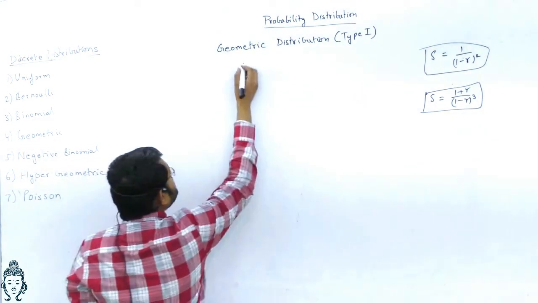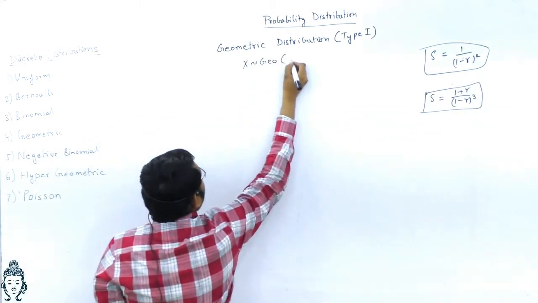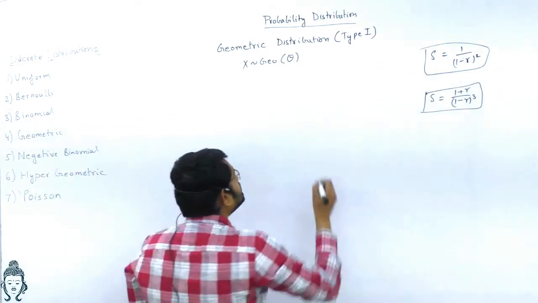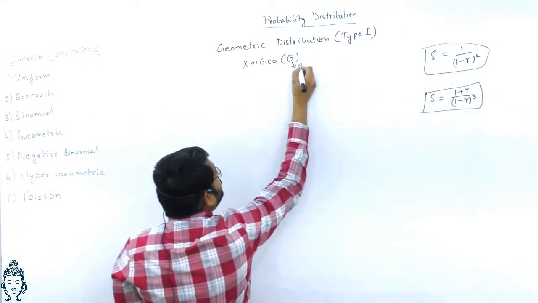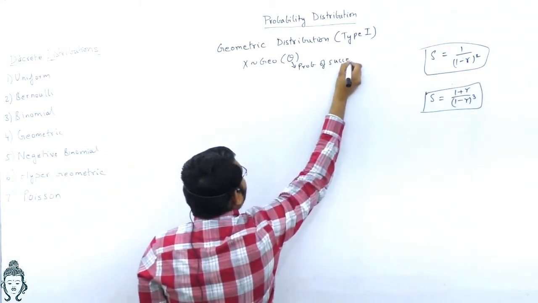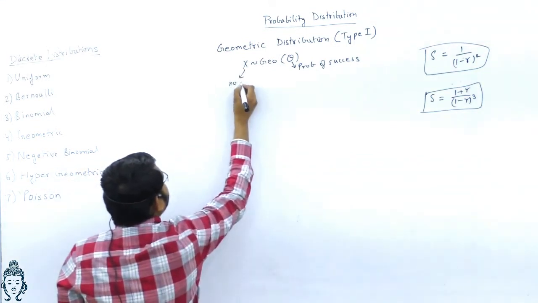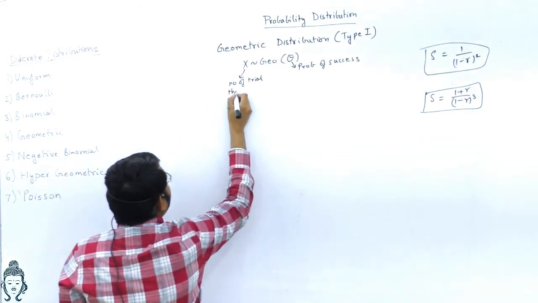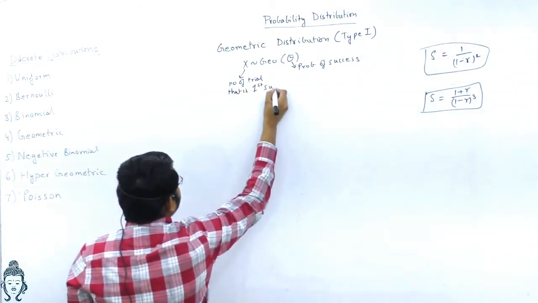First of all, we write it as X follows geometric, and we have only one parameter, that is theta. Theta we are always going to use as the probability of success. And here X is nothing but the number of trials until our first success.